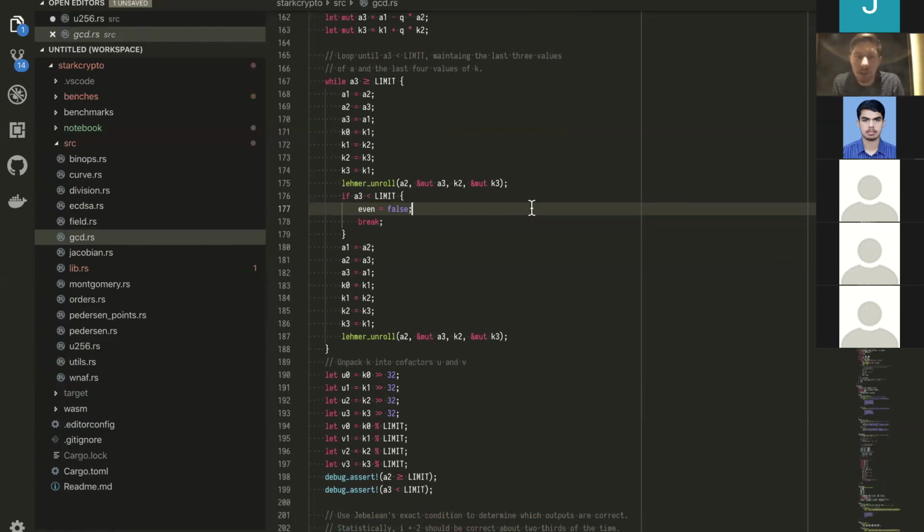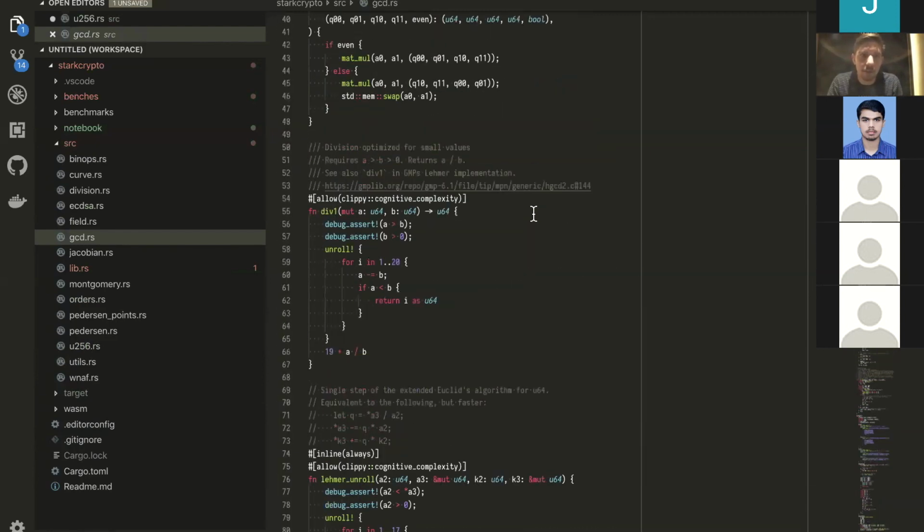We can inline a lot more stuff. We can unroll a lot more stuff. So this implementation ends up being twice as fast as GMP's. And compared to Bellman's inversion routine, which I think just uses Fermat's little theorem, we're looking at a 10x to 50x improvement, one or two orders of magnitude faster.